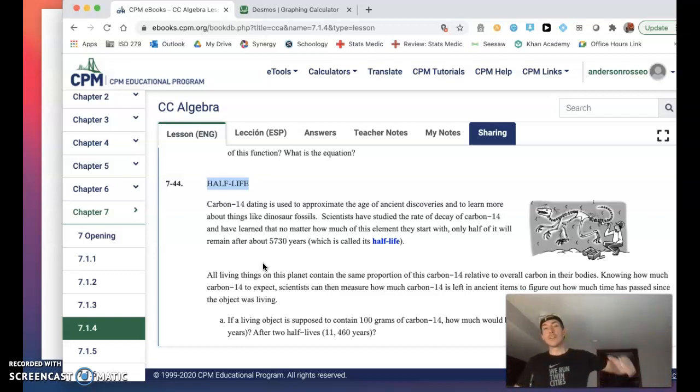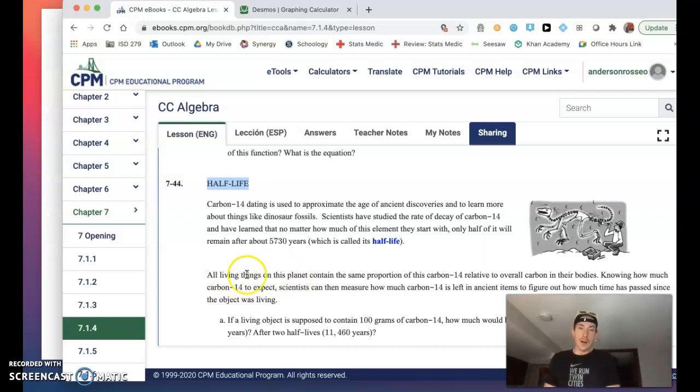So here's the deal. They're using 5,730-year periods in order to evaluate the age of a fossil. And they're going to say, well, how many of these periods has this dinosaur been around? And they're using the amount of carbon that's left in the skeletal remains or the fossil remains in order to do that.